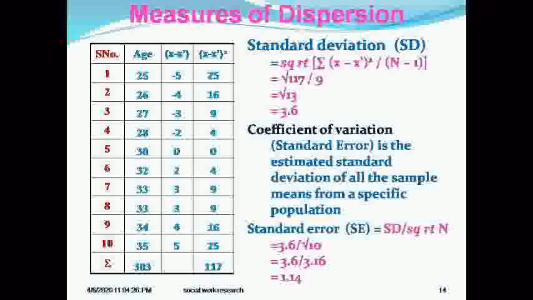Therefore standard error is 3.6 divided by square root of 10, which is 3.16, and the value is 1.14. This is called the standard error, or we can say this is the coefficient of variation, or we can say if we take all the possible means from a population, the standard deviation of all these means will be 1.14.